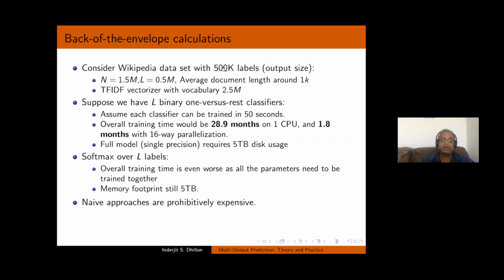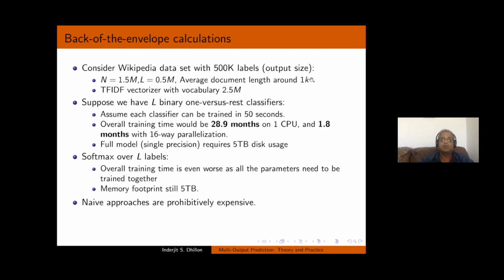So, a fairly large output size, but for some of the problems that occur in industry, it could actually be fairly small. In this example, let's suppose we have 1.5 million Wikipedia training documents. And like I said, L is the number of labels or the output size, and that's 500,000. And suppose that the average document length is about 1,000.